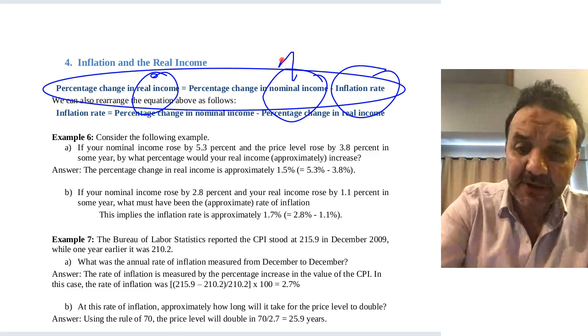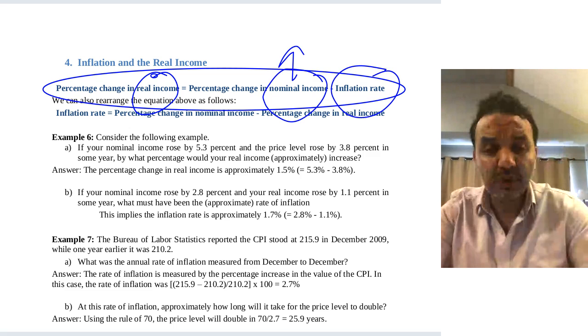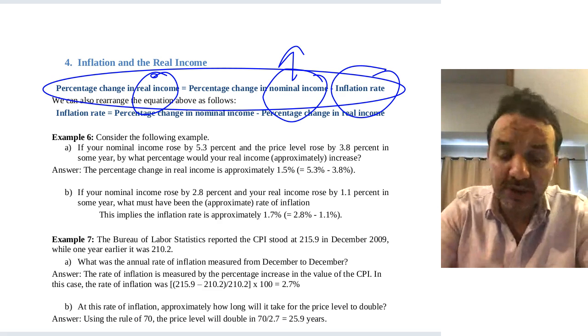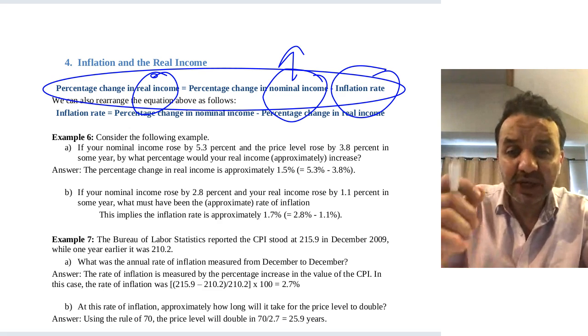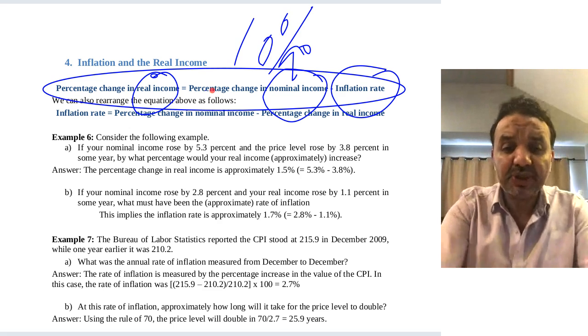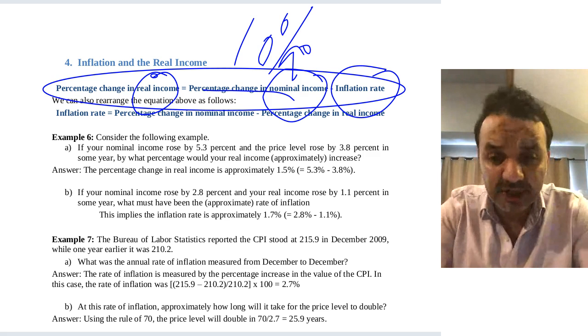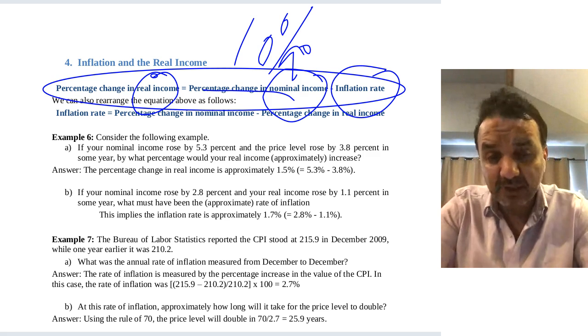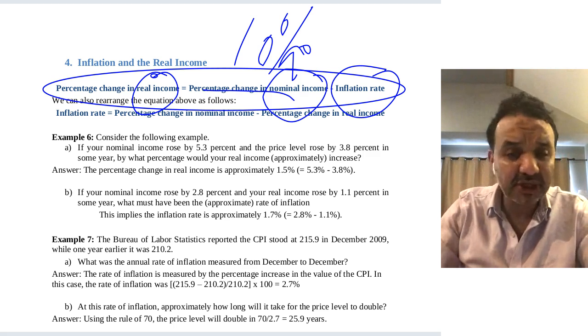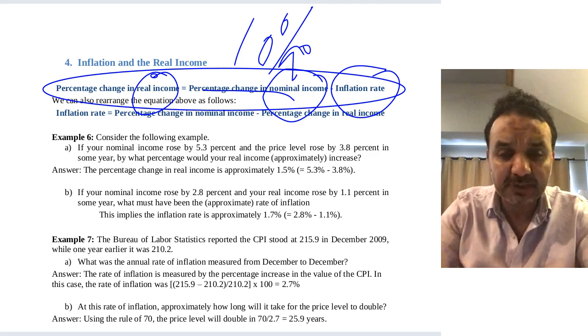Let's say you are working in a company and your manager told you, hey, you are doing a good job, you will get compensated, so you will get an increase in your salary by 10%. This is what I mean by percentage change in nominal income. But at the same time, let's say you go to the gas station and the gas price increased by 2%.